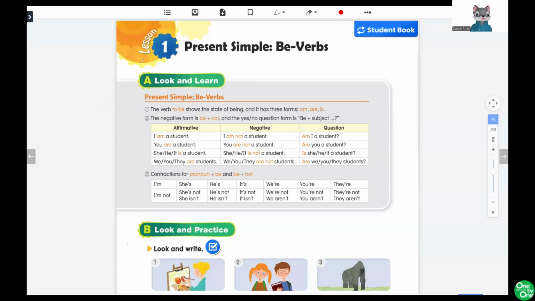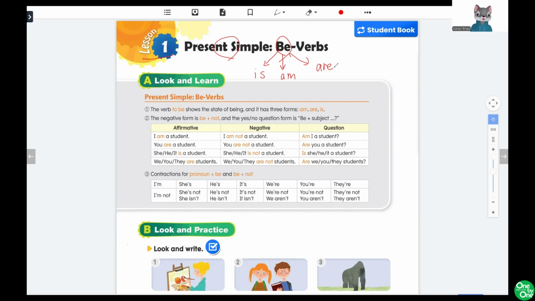Lesson 1. We're learning about present simple, and we're learning about be-verbs especially. Can you tell me what the 3 be-verbs in the present simple are? Yes, they are is, am, and are. Do you know when we are supposed to use the be-verbs? That's right.